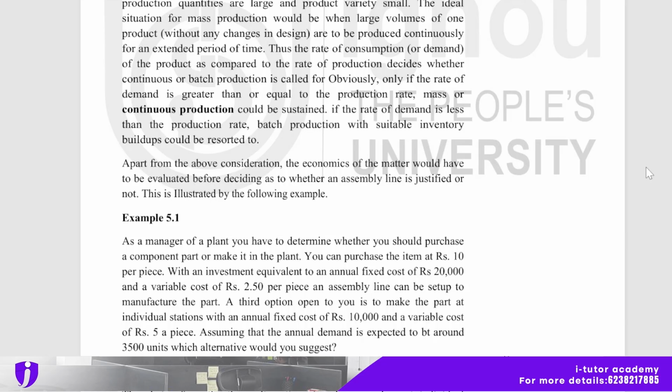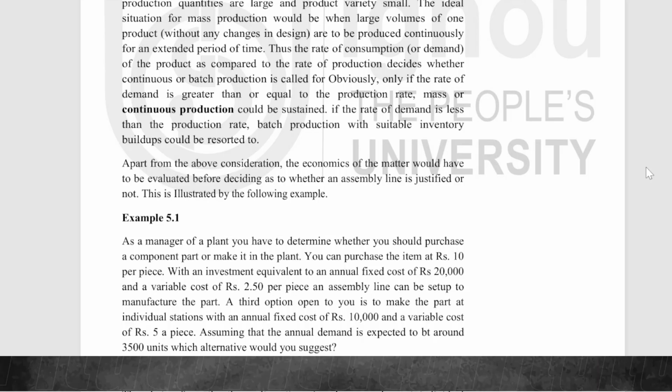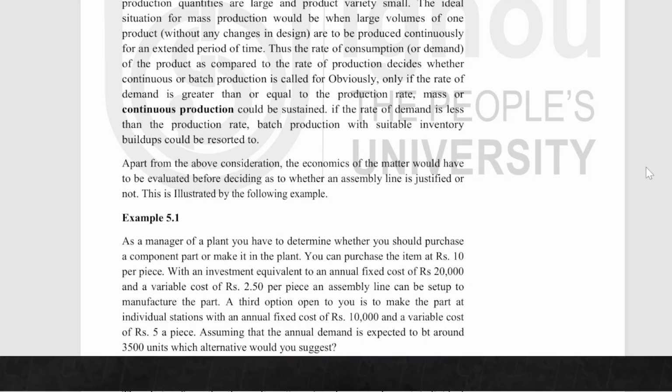If the rate of demand is less than the production rate, batch production with suitable inventory buildups could be resorted to. Apart from the above consideration, the economics of the matter would have to be evaluated before deciding whether an assembly line is justified or not.